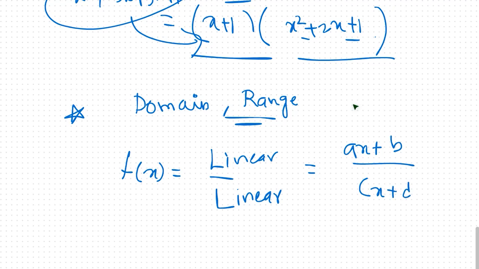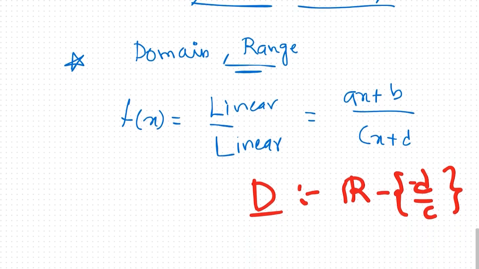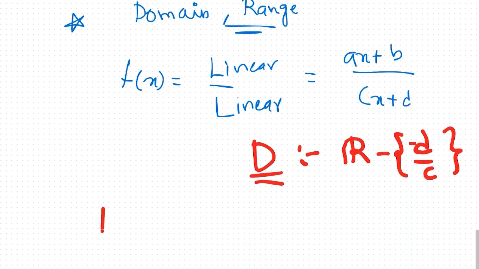Domain is R minus element d by c, negative d by c. Any doubt? What does R stand for? Real numbers except element d, negative d by c. Yeah, so that is about domain.